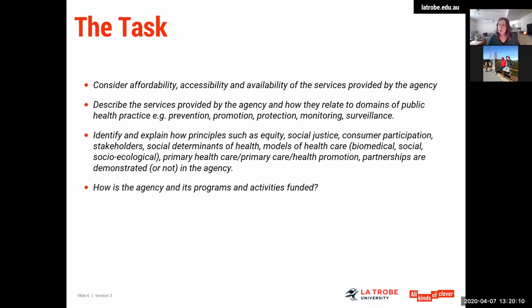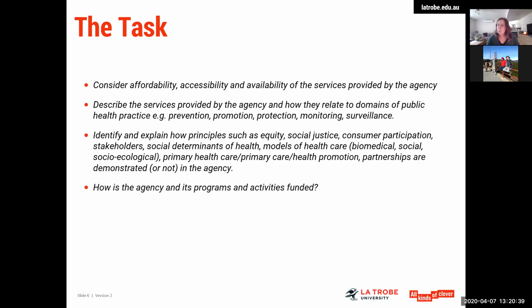Or are they doing things like monitoring or surveillance? And it could be that these organisations are doing a combination of those things. And so you might want to think about how you present that particular information. So, for example, you might have the different domains of public health up on your screen in your presentation, and provide a list of the services under each of those categories to demonstrate where they fit within these domains of public health.